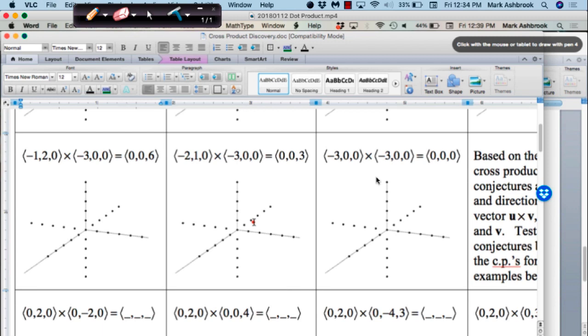Here you're not going to be calculating according to an algorithm I give you. These first 7 we're just going to sketch. So let's look at this one here. First we're going to sketch -2, 1, 0. So -2 means 2 in the negative x direction, 1 in the y. That puts me at this point right here.